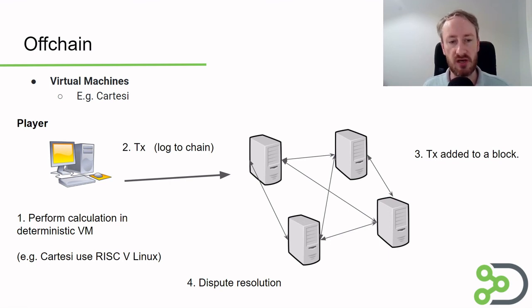If you remember that, and if you know how that works, it's actually pretty similar to what Cartesi are doing. I don't know the exact differences, but if you know it, then you at least have some idea of what's happening here. And again, it's another way of taking the computation off chain to make the chain more scalable by making the chain focus only on simple things, shall we say.